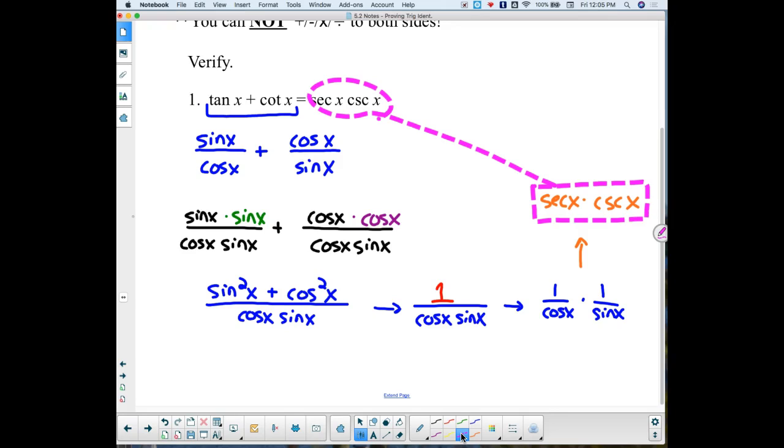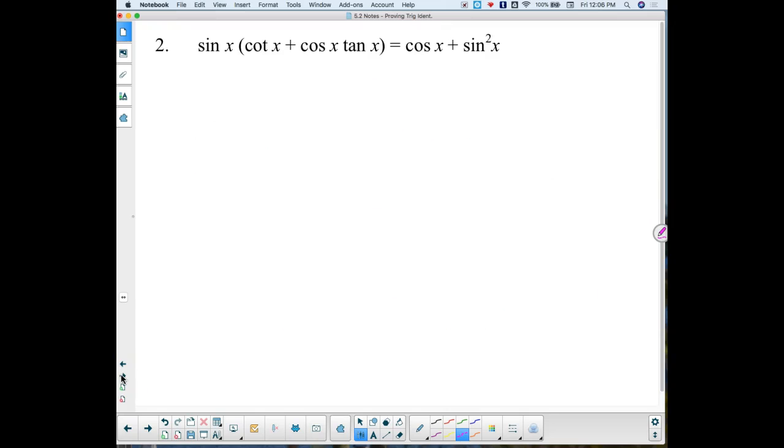Did you just break that part? Yep, because I can, because it's multiplication. Okay? What I'd like you to do now is I'd like you to try this one.